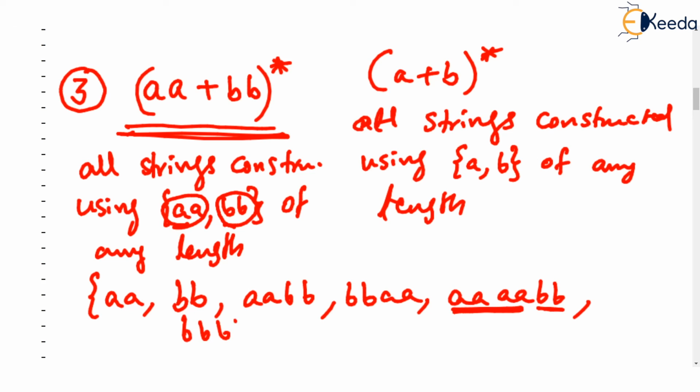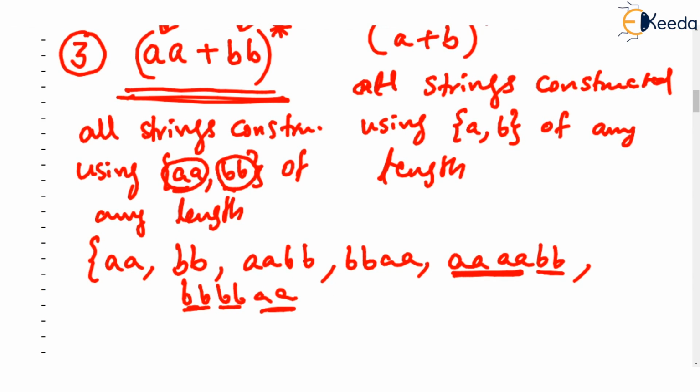You took this BB component two times, but you took AA only once. But remember, A should be in pairs and B should be in pairs, because that's what it says, (AA+BB)*. You can mix up AA and BB any way you want and of any length, and all such strings will be accepted.